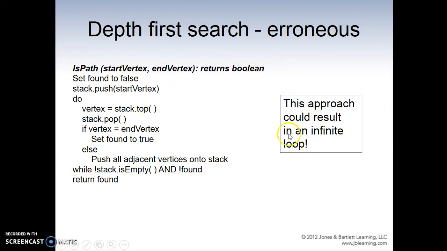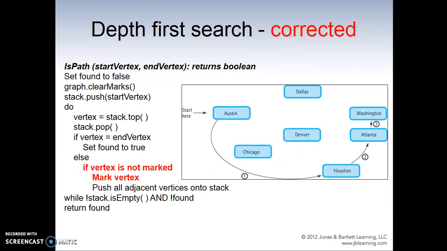So this is going to be an infinite loop. Because we push Washington, we put Houston, pop Houston and do it again, and push it back and do it again. So we have to fix this to make sure that if the vertex is not marked, that's it. Just one keyword, that Houston is marked: we visited this way, we've seen it.